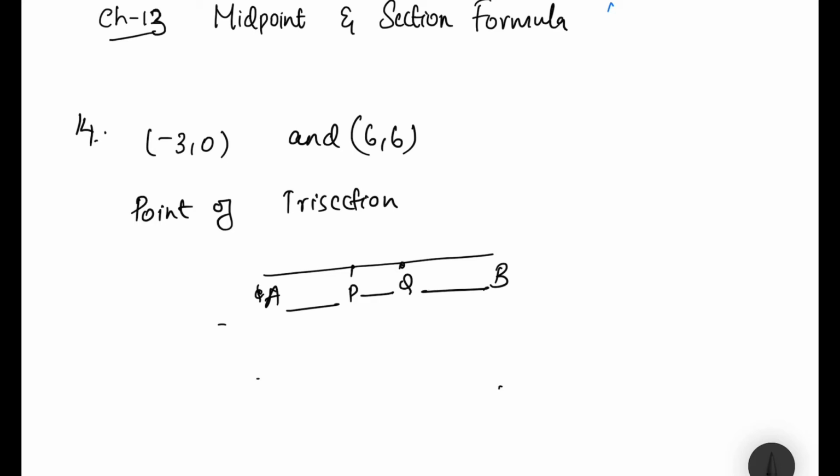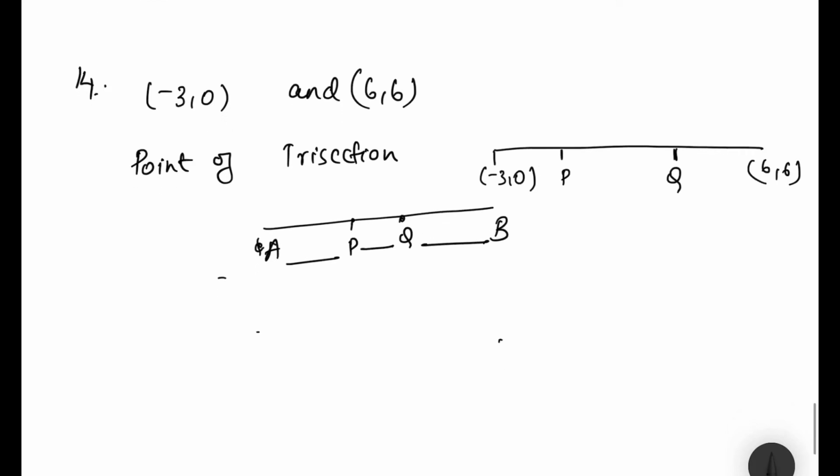So in this case also we need to find the points of trisection, right? If this is (-3, 0) and this is (6, 6), we need to find the points of trisection. Let them be P and Q. Since the parts are all equal, the ratio is like this.